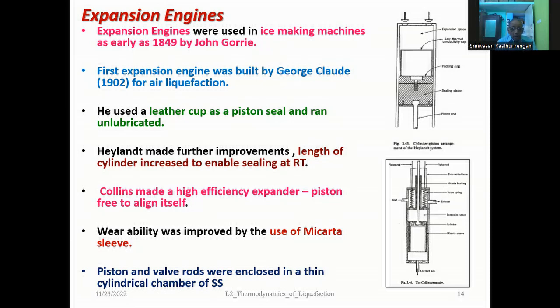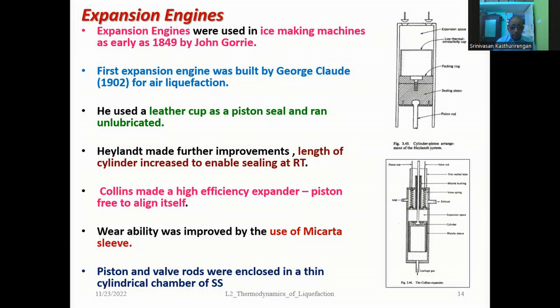Now Collins and Haaland actually made further improvements on what was done by George Claude. Haaland increased the length of the cylinder so that all the sealing problems are encountered only at room temperature, because it's easier for us to deal with these problems at room temperature. This is possible by just extending the length of the piston.